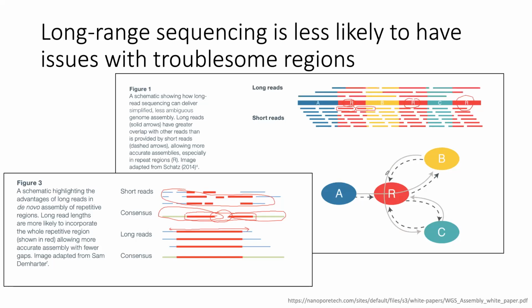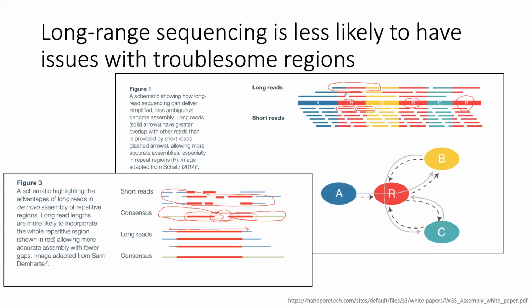When you do long read sequencing, and the reads are longer than your problematic regions, then your regions aren't as problematic as they could be. This read is longer than the problematic region.